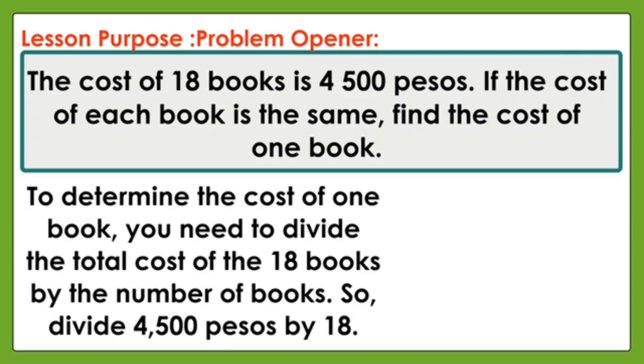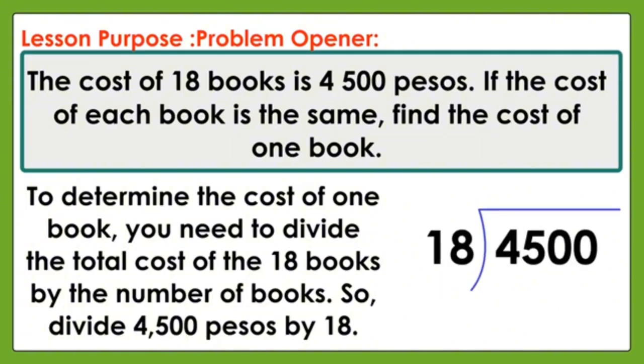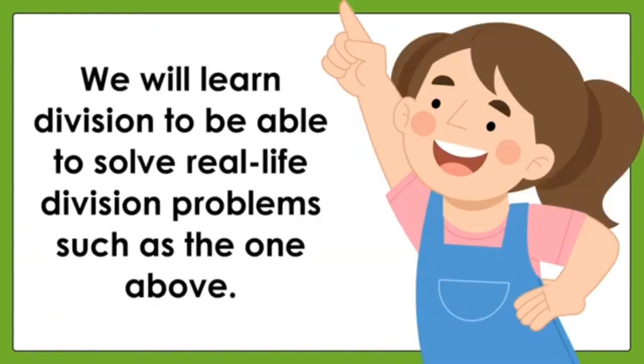So, divide 4,500 pesos by 18. So, this is what it looks like. 4,500 divided by 18. So today, we will learn division to be able to solve real-life division problems such as the one above.